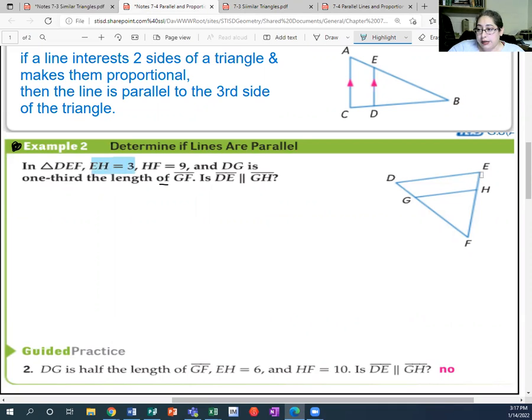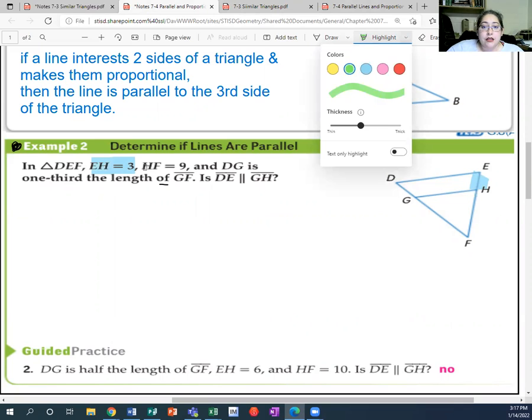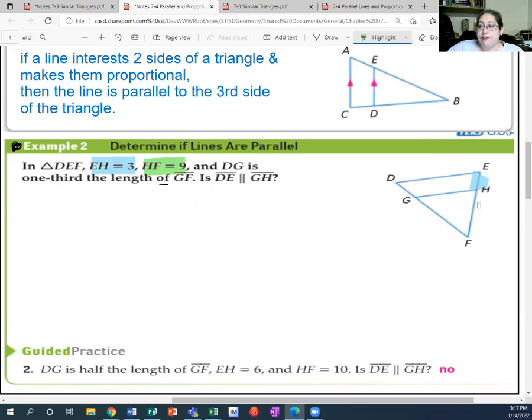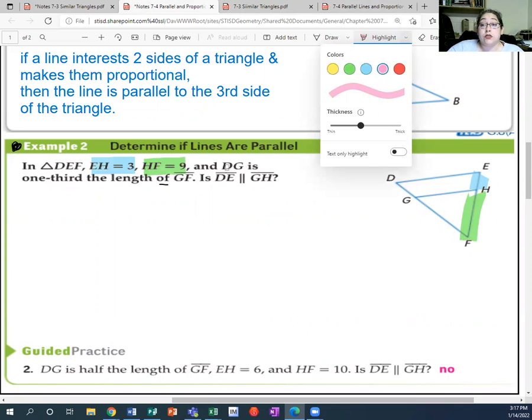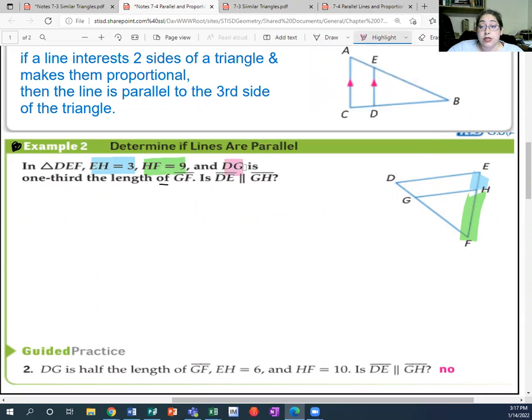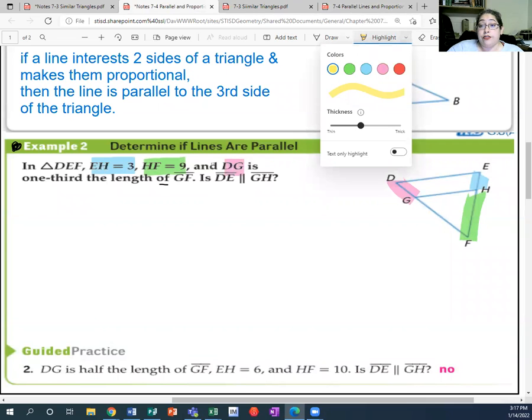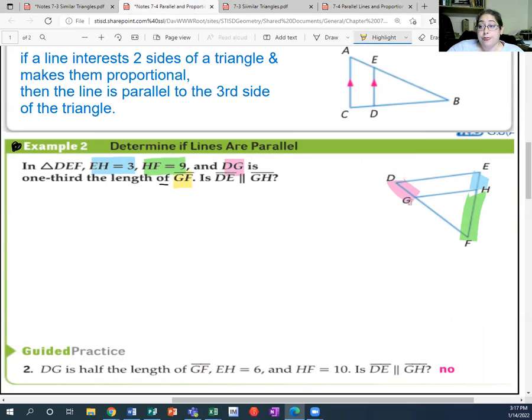So I'm going to color EH in one color so I can see it. And then I got told that HF is 9. So I'm going to color that a different color. And then I got told that DG, this one little here, is 1/3 of GF.